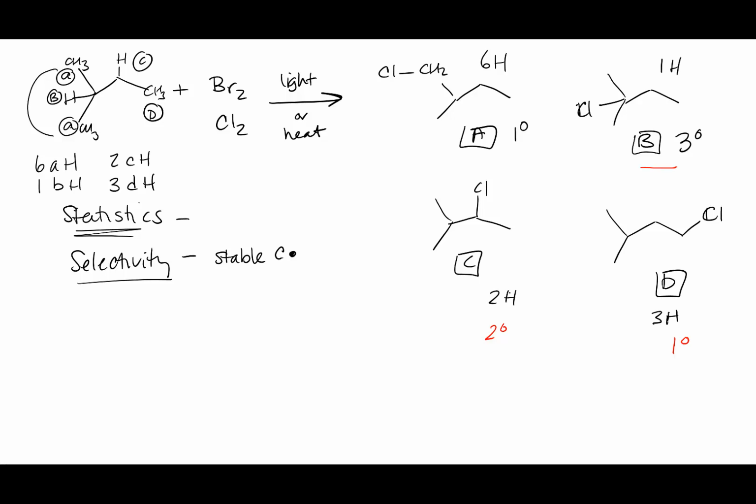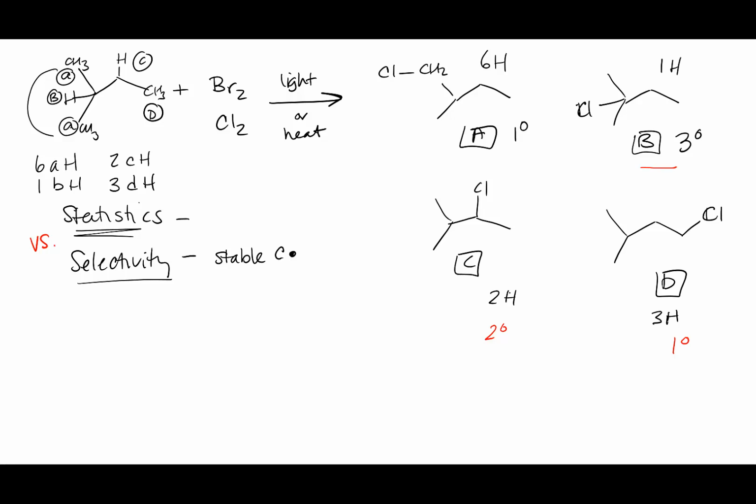But what happens is that it's statistics versus selectivity, because these two factors are fighting each other. We have to figure out a way to predict what the major product's going to be, depending on if statistics are totally in charge or if selectivity is totally in charge.